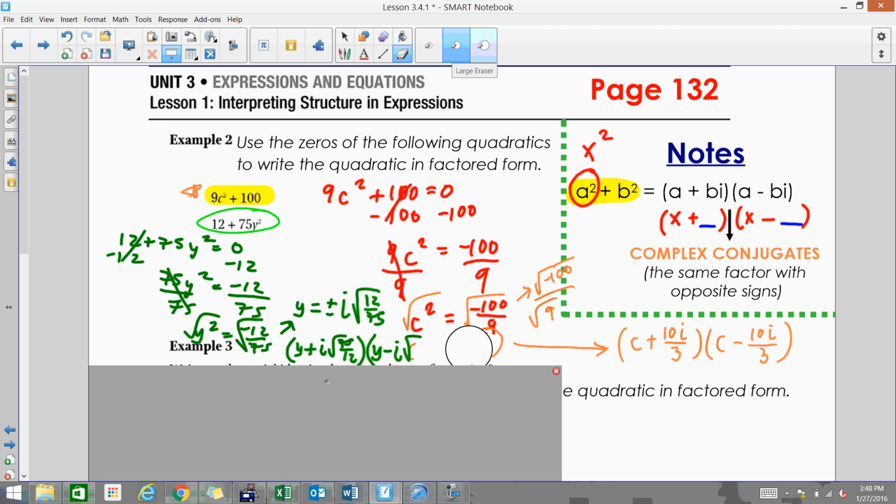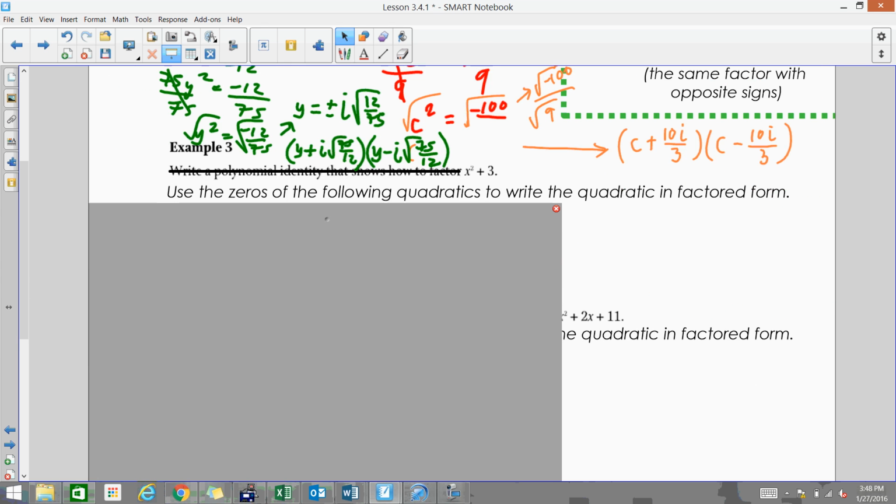Sorry about that, I didn't space that out nicely. So literally, you're finding your x-intercepts, and then you put them back into intercept form. So you're basically rewriting this problem from standard form to intercept form. So that's what you're doing there.